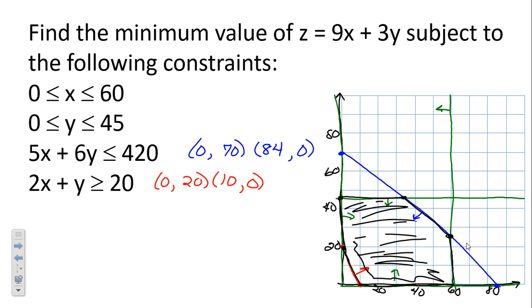So what we're concerned with are those vertices. We know this one was 0, 45. We know this one was 0, 20. This one was 10, 0. We had a 60, 0.